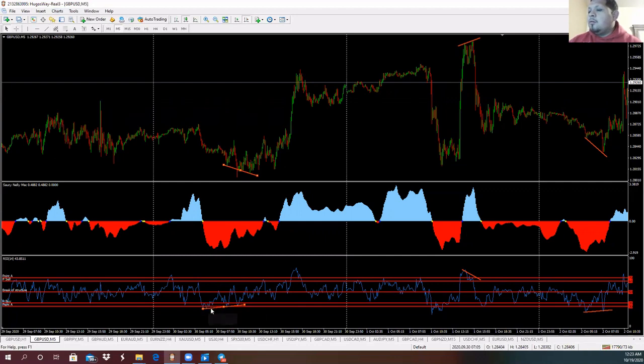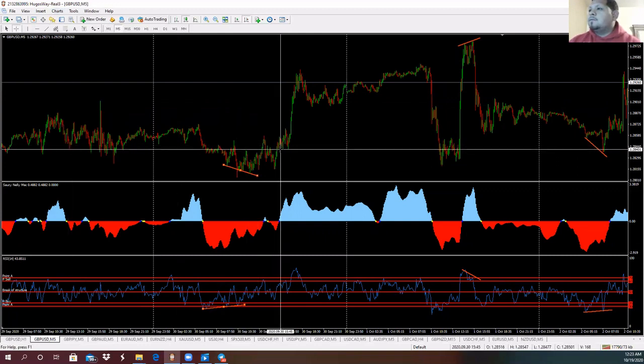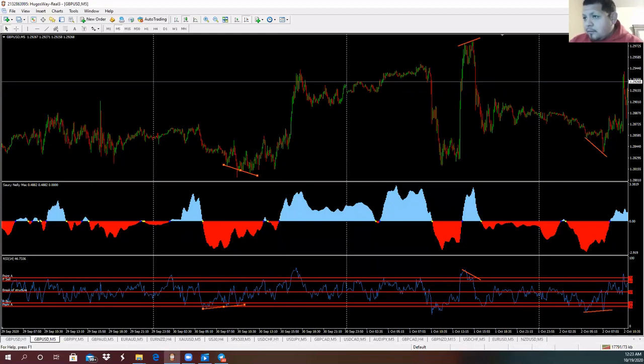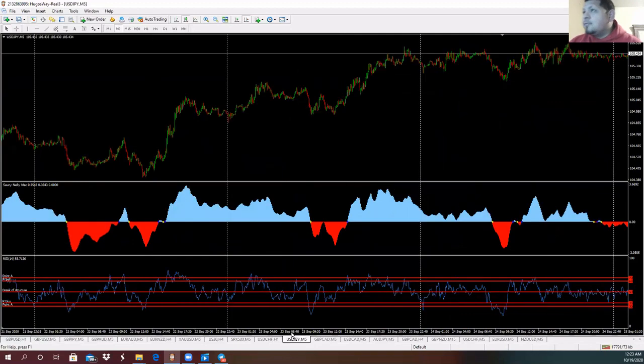Low, higher low, low, lower low. Saucy Nelly Mac issued my buy, 15 to 20, target achieved. Okay, now let's look for some sells.